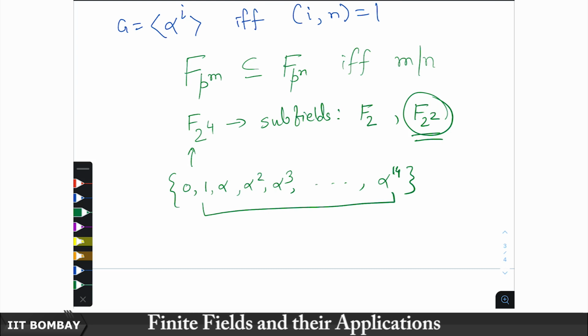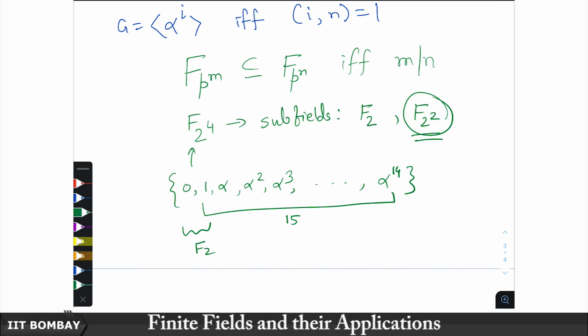Now, in this, the first 2 elements form F2. Of course, 1 will be there in any subfield, but in F2 power 2 there will be 2 more non-zero elements, and including 1 there are 3 non-zero elements in F2 power 2, and they form a subgroup of 3 elements in this group of 15 elements.